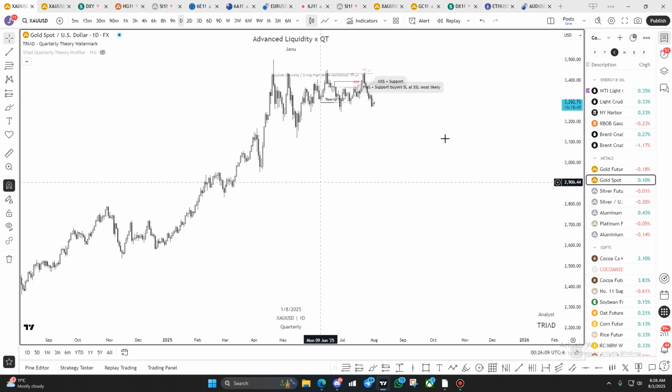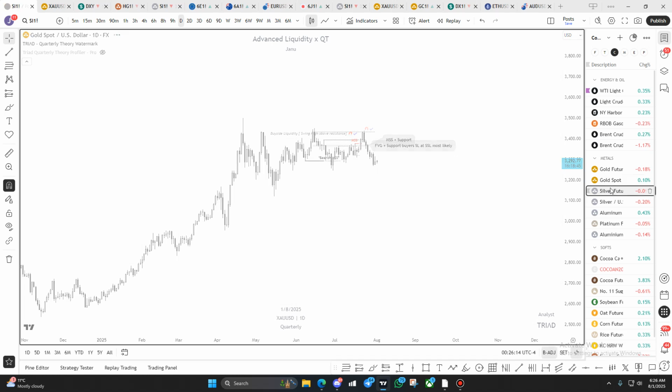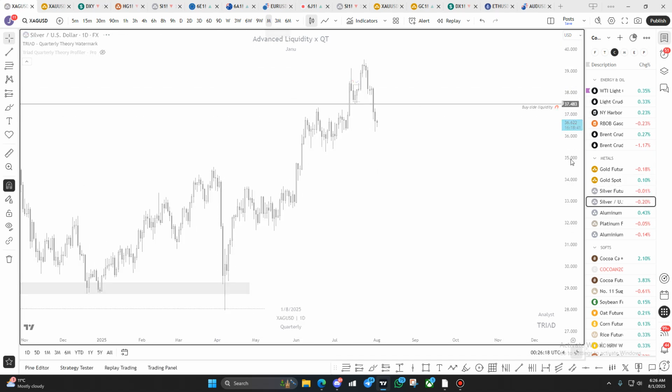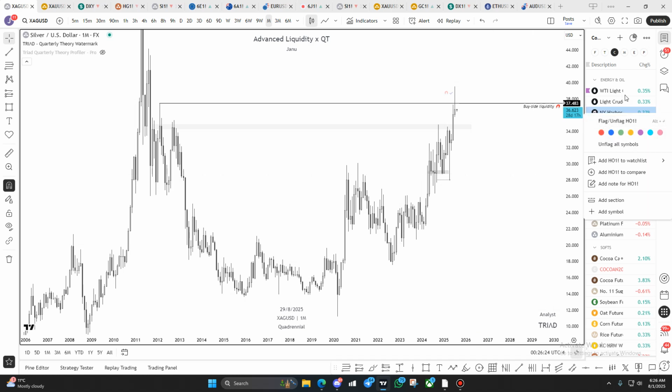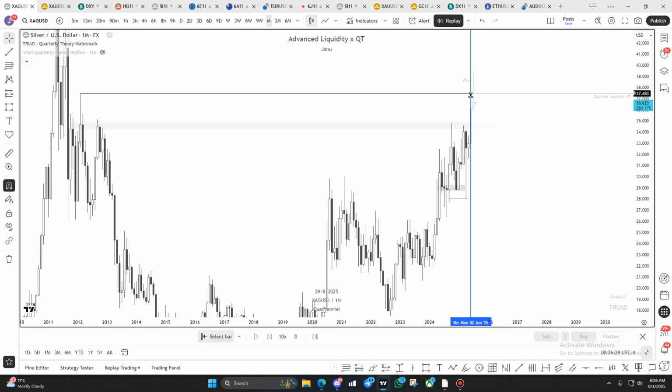Firstly, taking into consideration everything that was just said here, and then confirming that with some more confluence by looking at silver. And what do we see here? We had, let me just make it like that so you can see it clearly. We had a nice area of resistance, and what is above it?